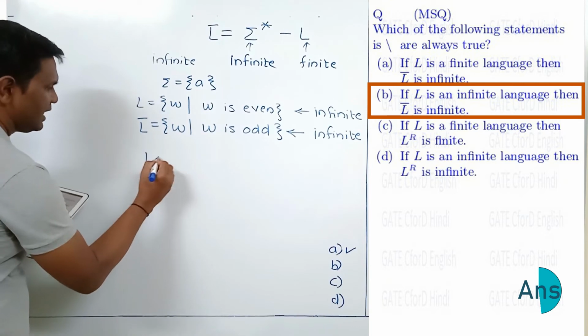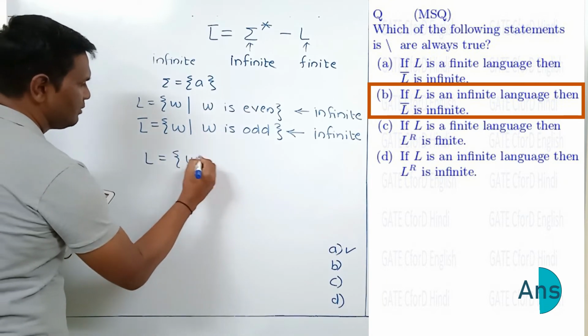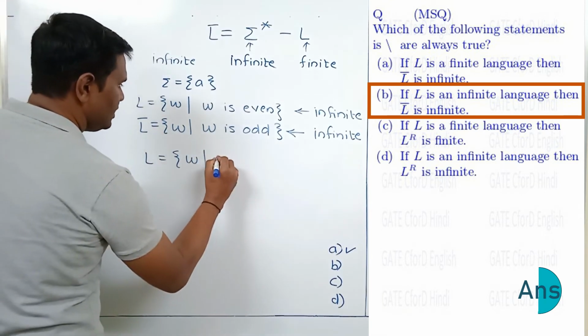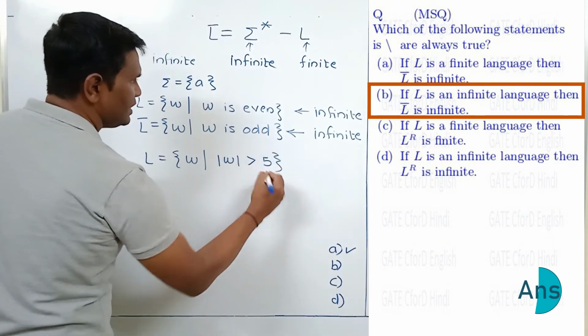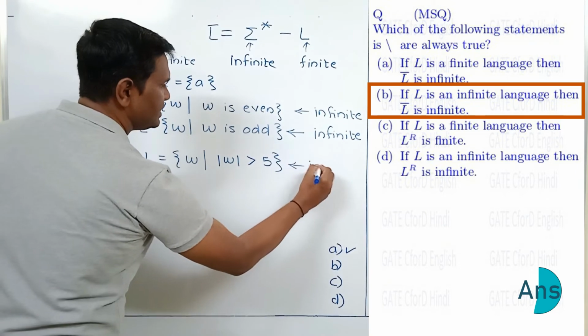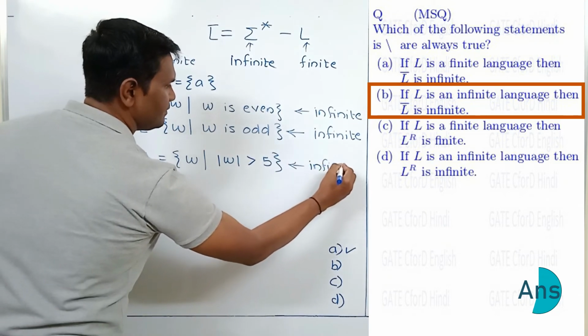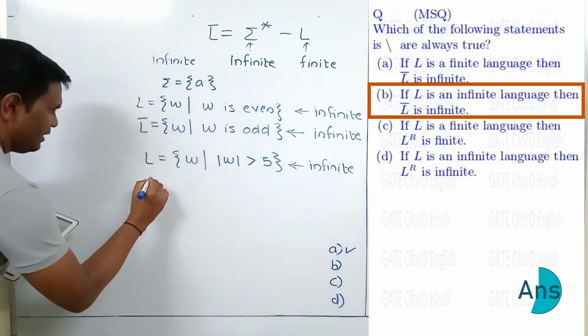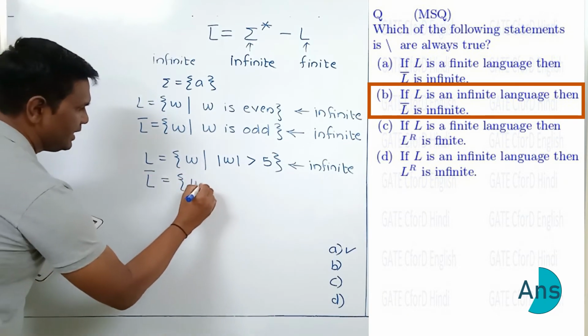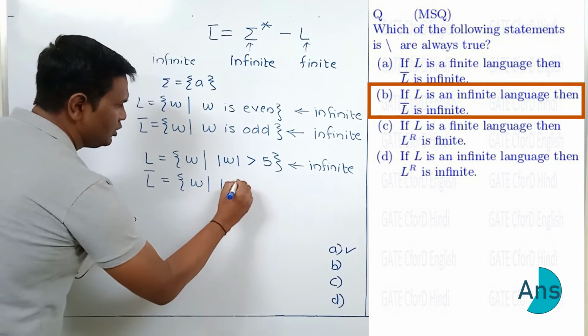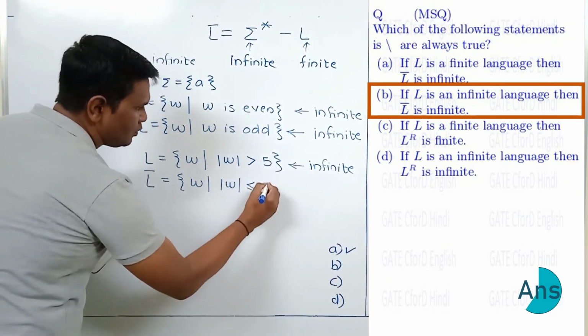Now if you consider language L equal to W such that length of W greater than 5, so this is infinite language. But in this case, if you consider complement of the language, then it is W such that length of W less than or equal to 5.